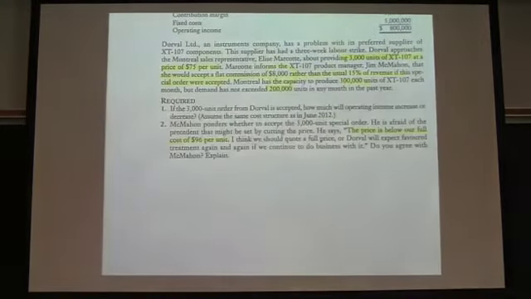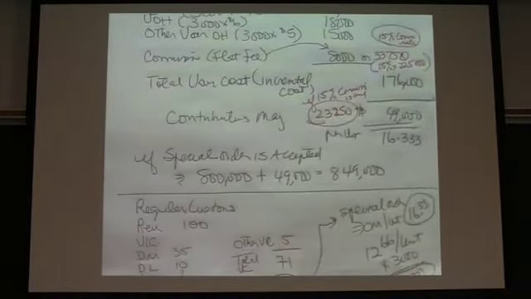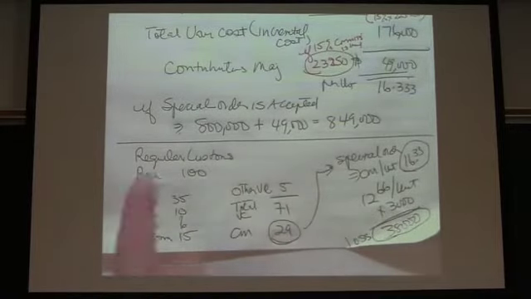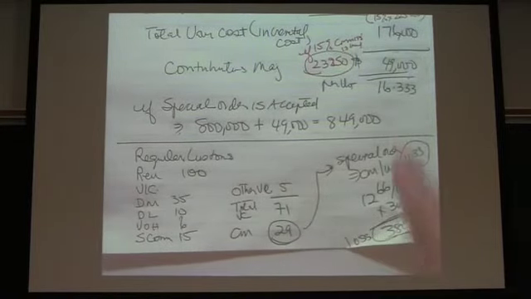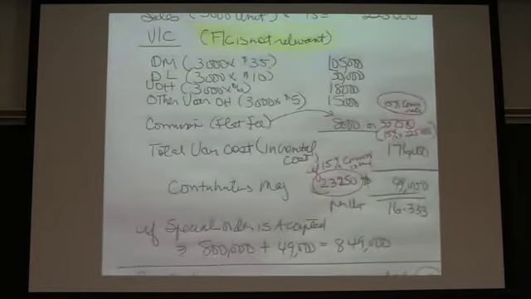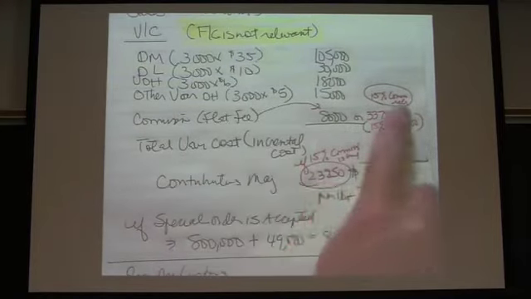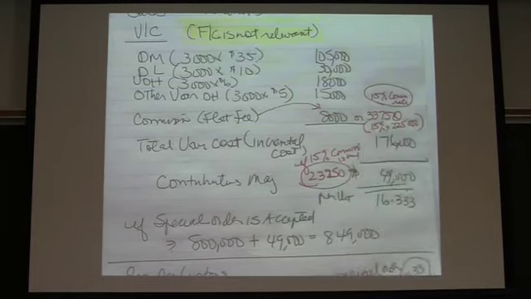Over the long run we do, but in the short run we don't, so we're only looking at the variable cost. McMahon may be concerned that as we get closer to full capacity, accepting that special order is going to generate a loss. And McMahon should be worried that if this special order continues, the salesperson is going to want the regular 15% commission, and look at the impact on profit. Okay? Thank you.